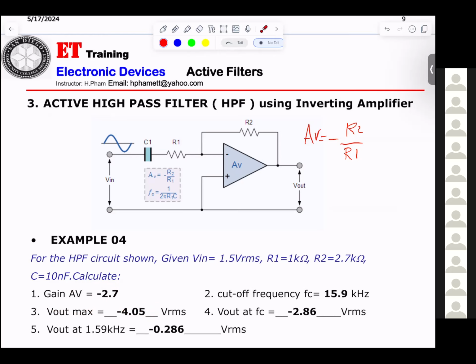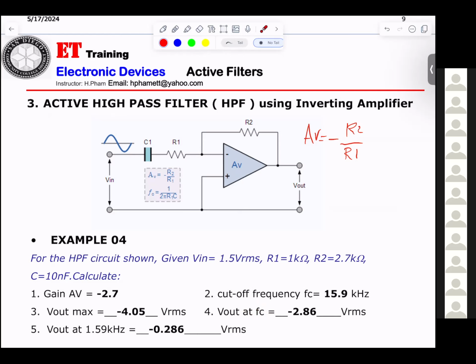Okay. Cutoff frequency, you already know the formula. Okay. 1 over 2 pi RC. Okay. And also VO at cutoff frequency. Okay. That means you get a maximum voltage. You will be multiplied by 0.707.